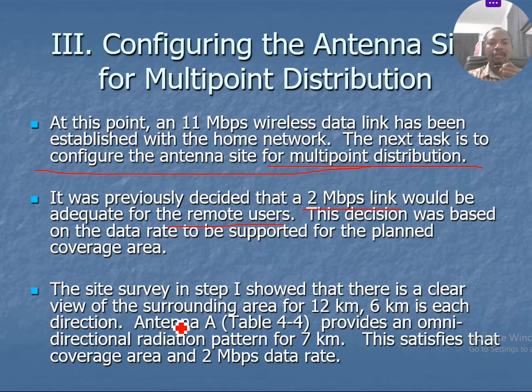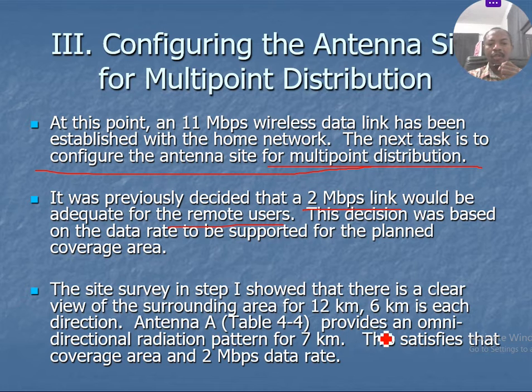The site survey in step 1 shows that there is a clear view of the surrounding area for 12 kilometers. In terms of line of sight, that means 6 kilometers to the right and 6 kilometers to the left, as provided in the table.